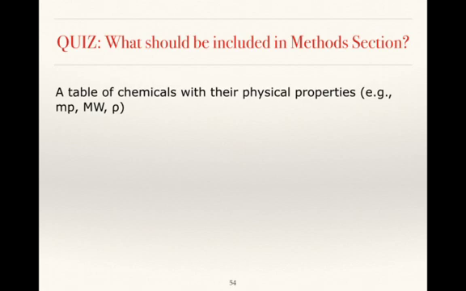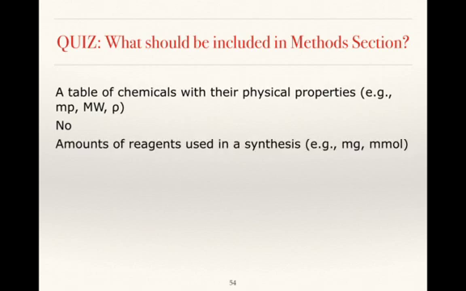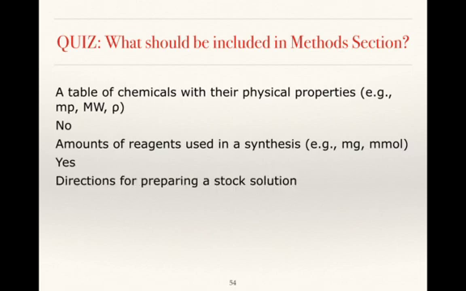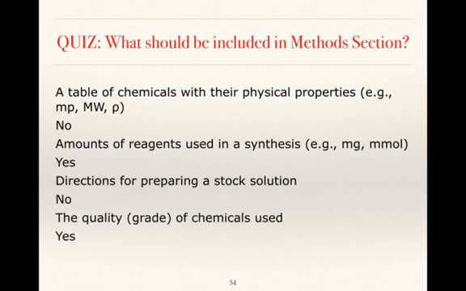A table of chemicals with their physical properties. The answer is no. Amounts of reagents used in the synthesis? Yes. Directions for preparing a stock solution? No. The quality of chemicals used? Yes.